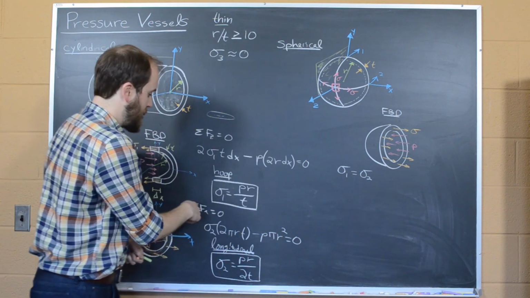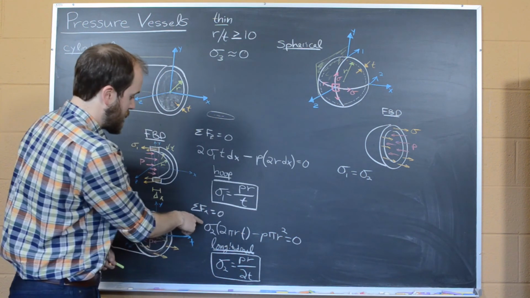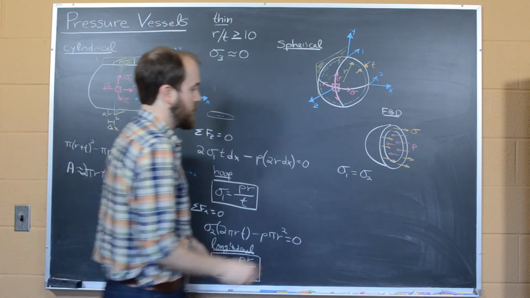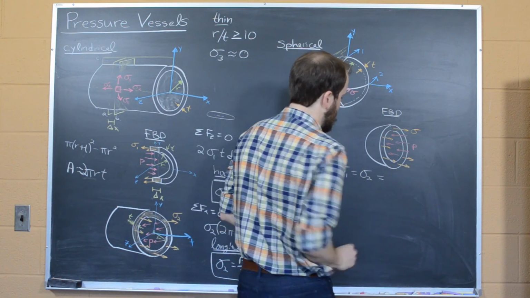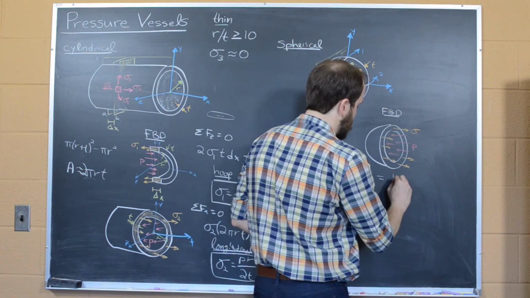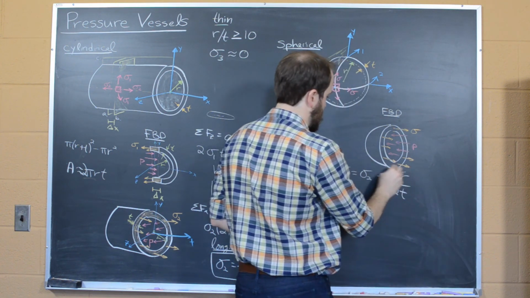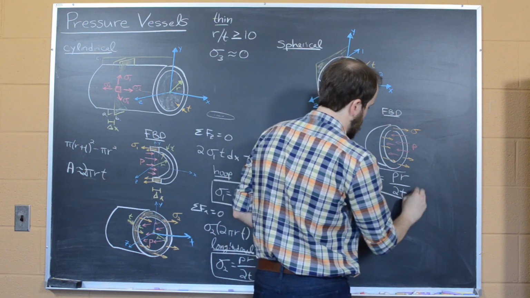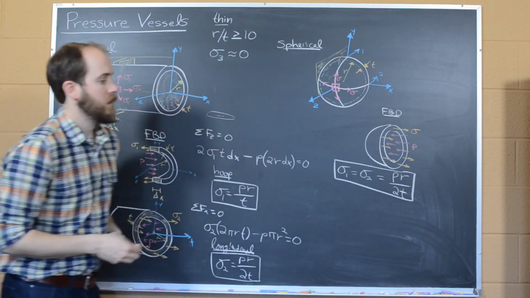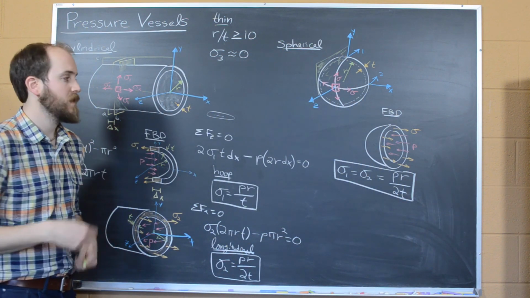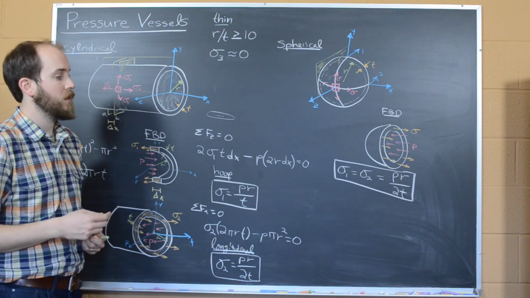So you get the same free body diagram, which means you get the same equilibrium equations, which means as you solve for sigma 2, what you end up with is that for a spherical pressure vessel, your principal stresses are equal, and they're equal to that longitudinal stress, which is PR over 2T.